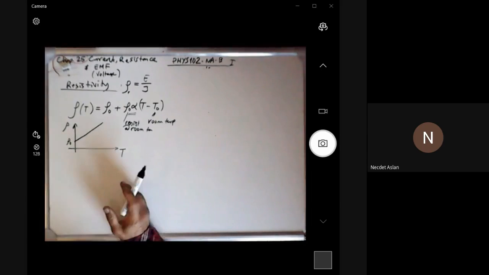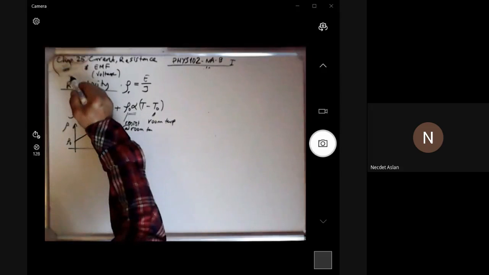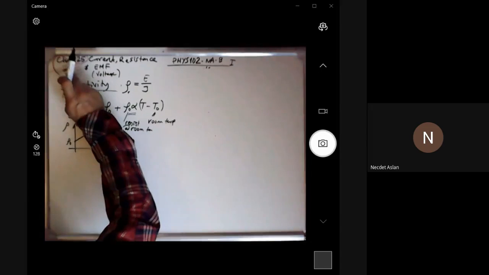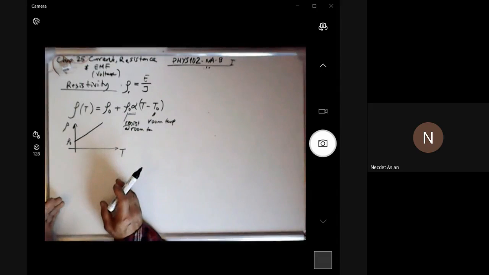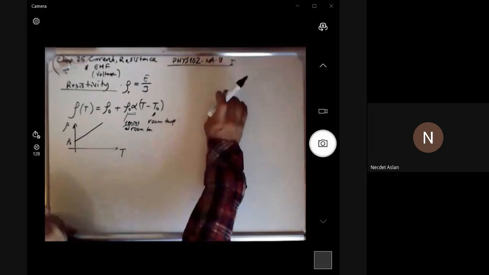Why? Because this is the simplest circuit element that we have, okay? If even this changes with temperature, then everything will change in the circuits. Especially when we have supercomputers or very expensive devices to make some measurements.